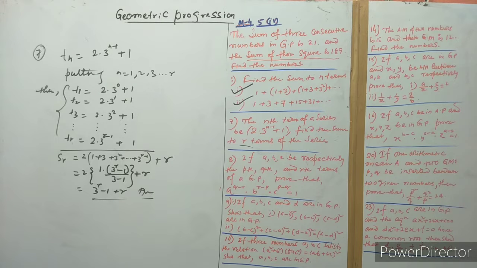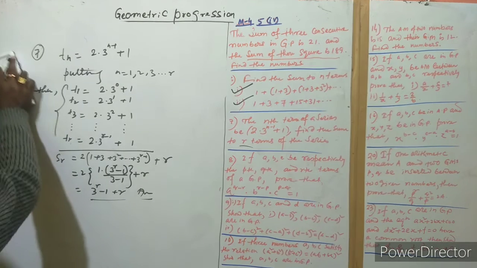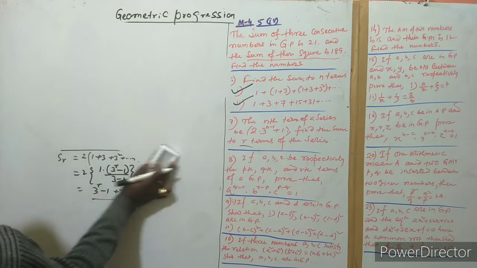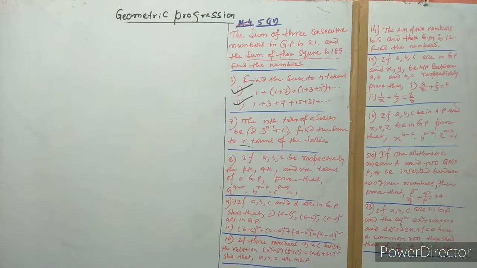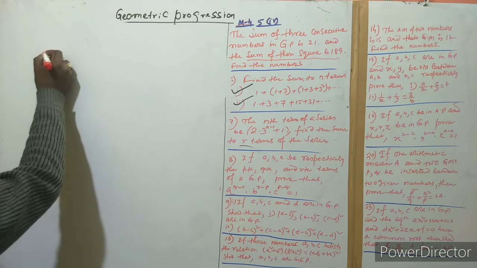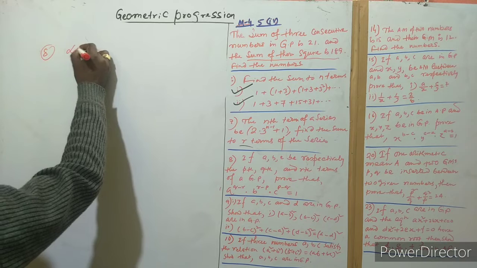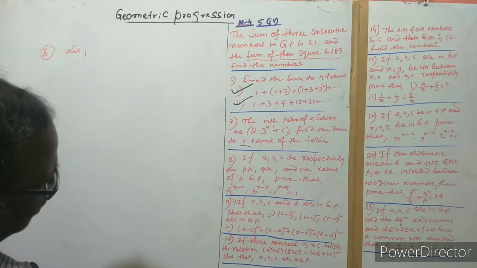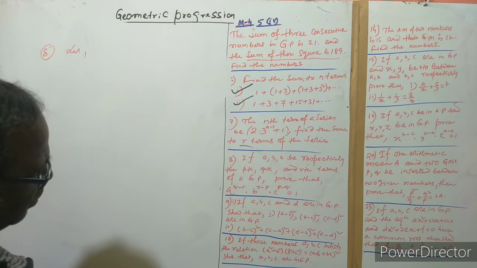Now see the question number 8 here. In a, b, c, we are respectively the pth term, qth term, and rth term of a GP series. So here is the given a, b, c, p, q, r.